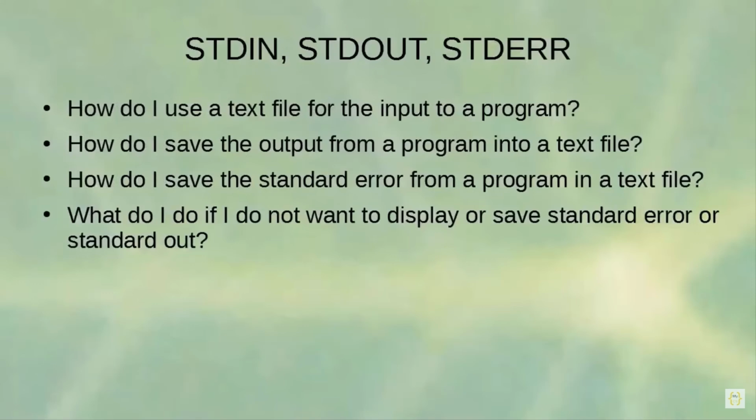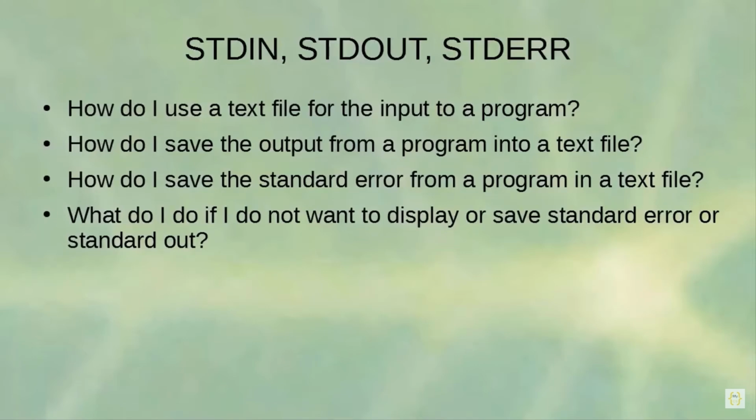Standard in, standard out, and standard error. So how do I use a text file for the input to a program? Well, many programs can receive input and you type in input. What you can do is redirect these things. So standard in is whatever you type in from the keyboard usually. Standard out is what you print to the screen.